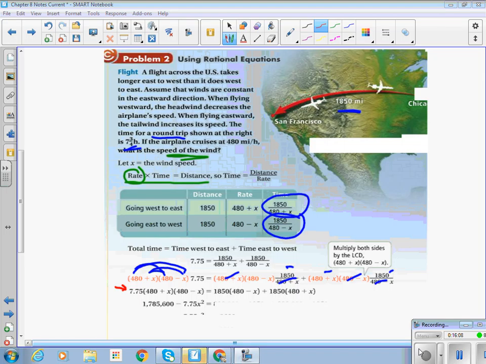And then we're going to go ahead and FOIL each one of these. And we get 888,000 minus 1850x plus 888,000 plus 1850x. Looky here, we've got negative and positive, so those two cancel each other out.